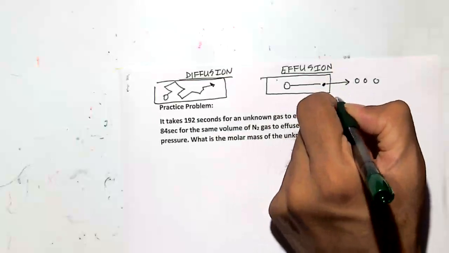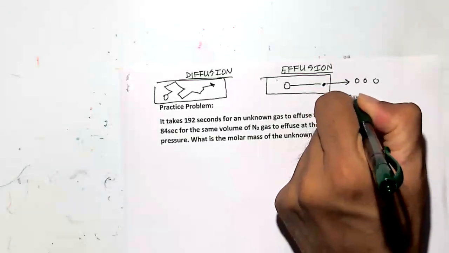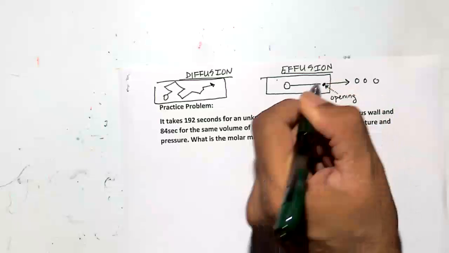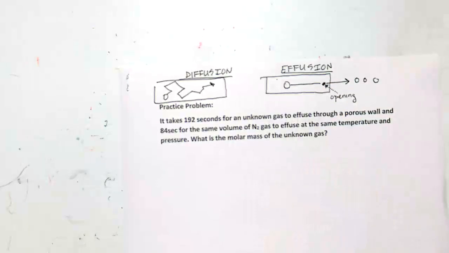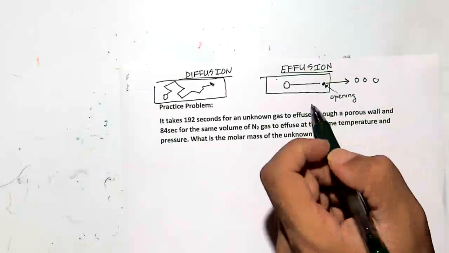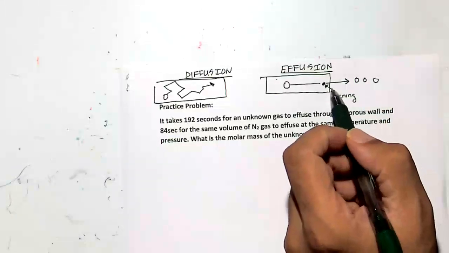So this is an opening. So now we have diffusion, but we forced it to be linear by putting this small hole.